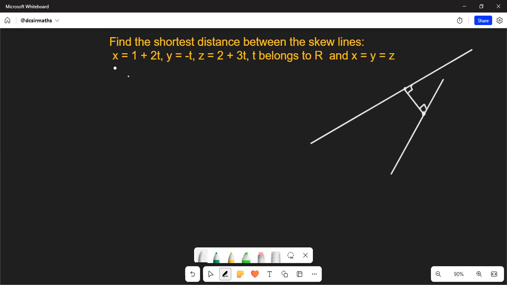Now, since the first line is already given in, which form is this? Parametric form. The second one is also in parametric form. How can we write the second line?